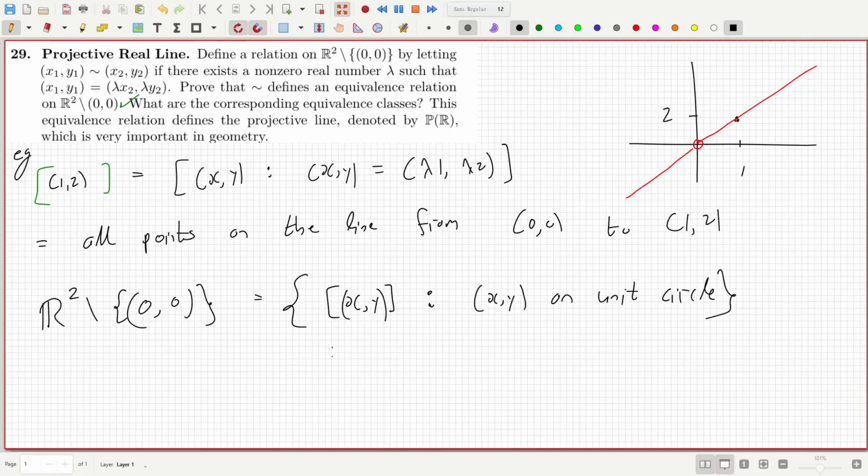If you take all these points on the unit circle and get their equivalence classes, that would be all the points on the line from (0, 0) outwards. Actually, I don't even need to do the bottom half, just the upper half of the unit circle, because you'll get the negative ones as well. Yeah, I think I have that geometrical understanding correct, so hopefully I do.